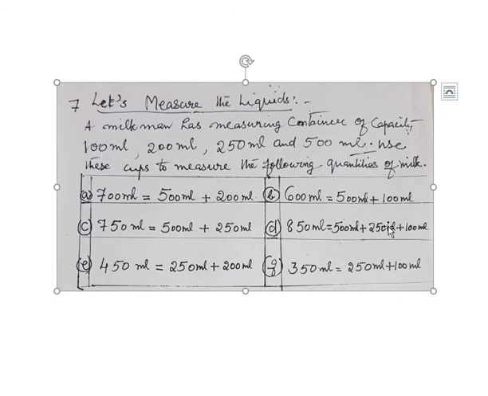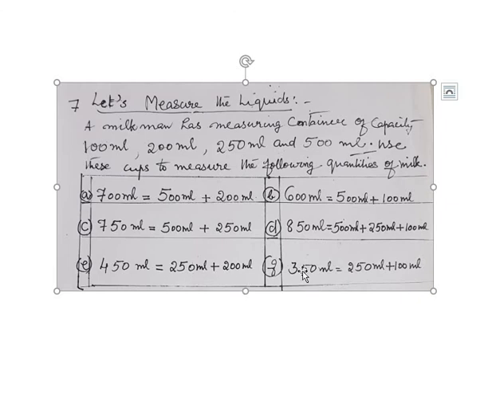So 500 plus 250 is 750, 750 plus 100 is 850 ml. Next one, 450 ml. How will he measure with the help of these cans? He can take the 250 ml can plus the 200 ml can. So 250 plus 200 equal to 450 ml.